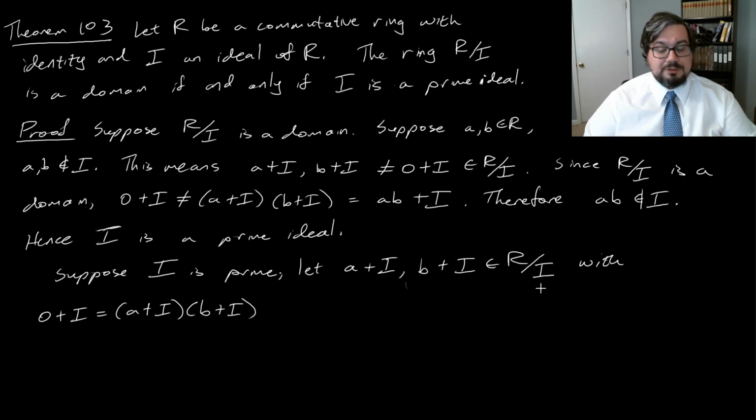Let's suppose that we have two things in R mod I that multiply together to be 0.